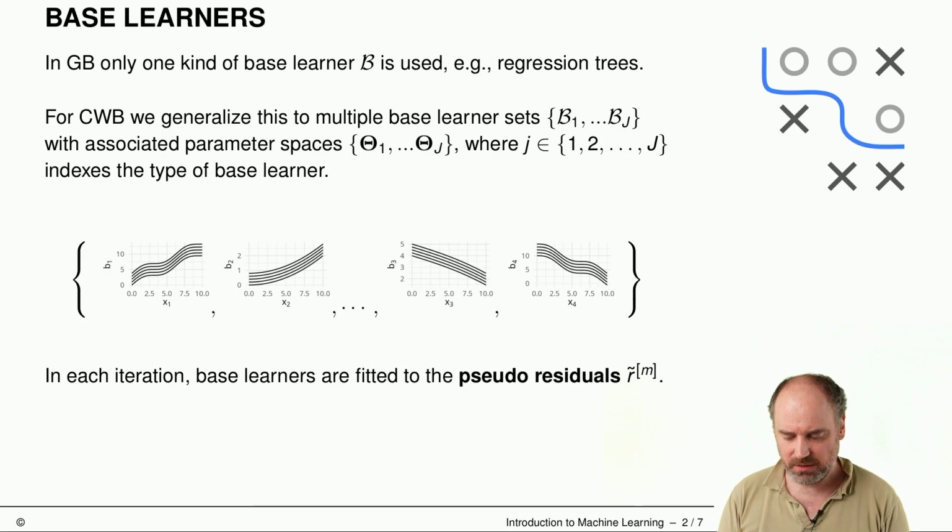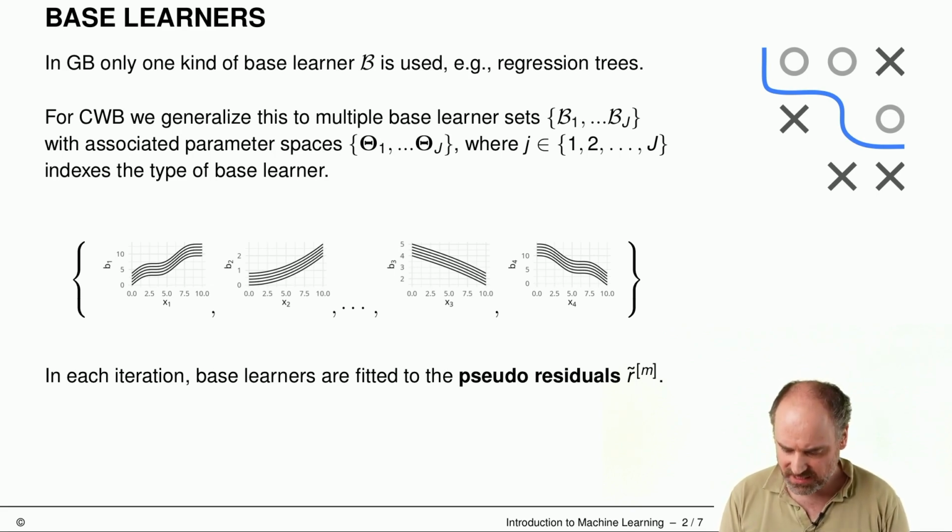What we will now do is generalize this concept of having basically one class of base learners, say regression trees up to a certain depth of 2, 3, or 4. We'll now generalize this to a pool of base learners. So what do I mean by a pool of base learners?